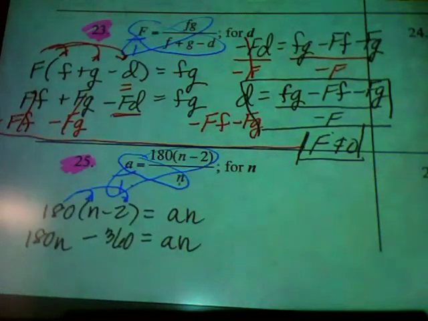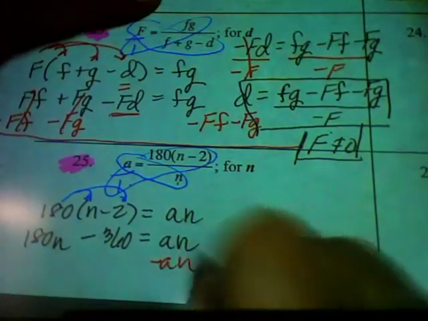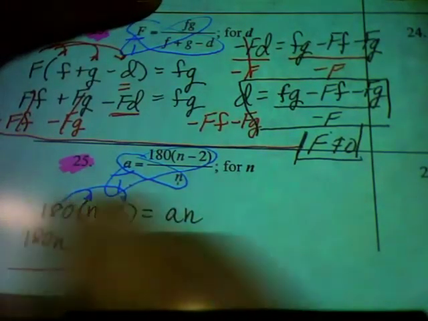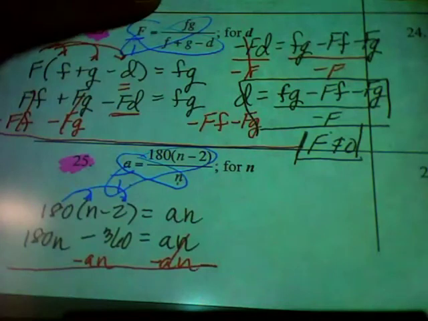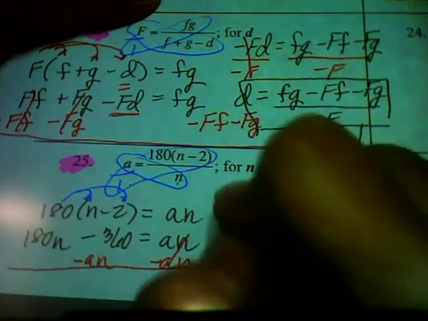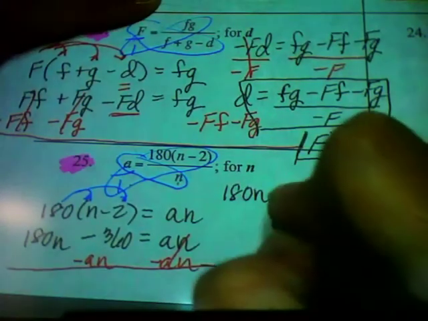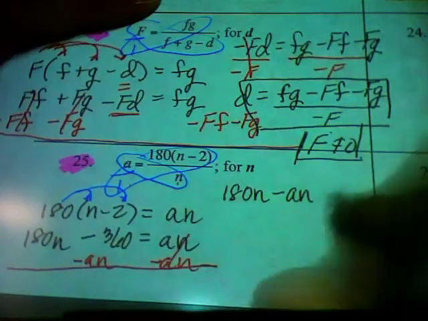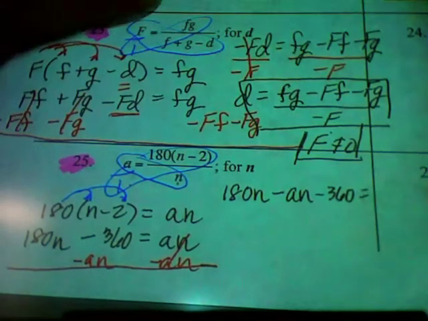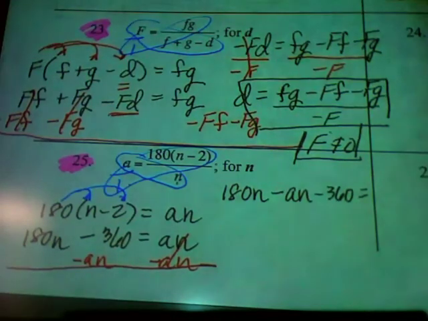So I'm going to start with the AN, subtract the AN, subtract the AN. So then that leaves me with 180N minus AN minus 360. What's left on the right? Everything cancels out. What's left? 0, right? Nothing's there, so I have 0 as a place value holder.